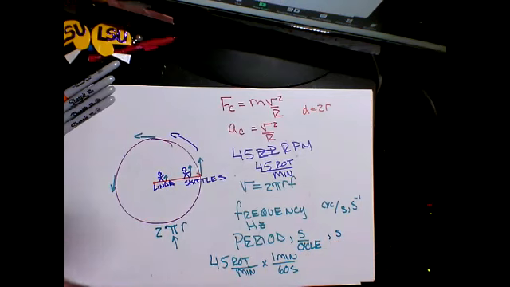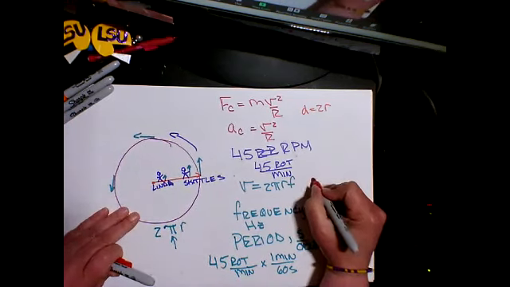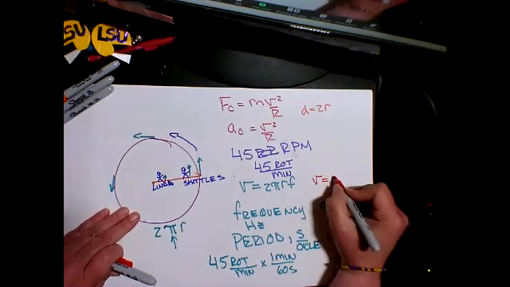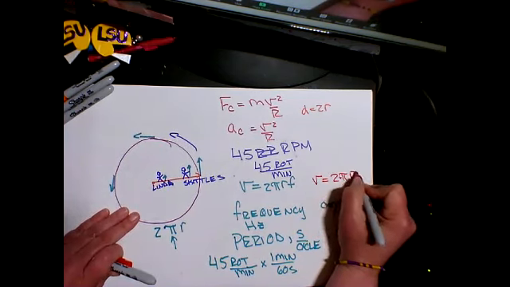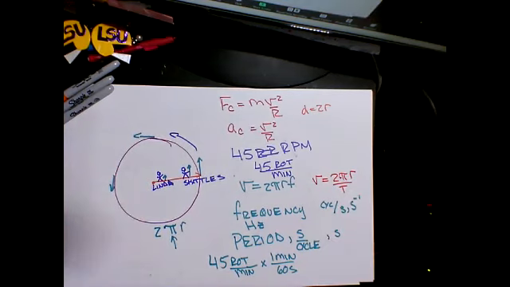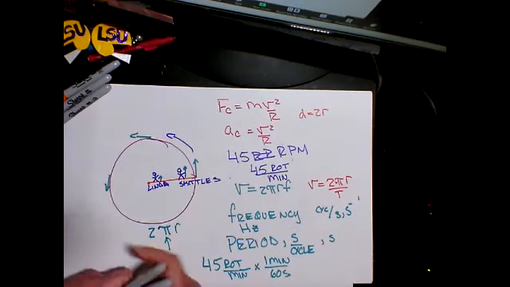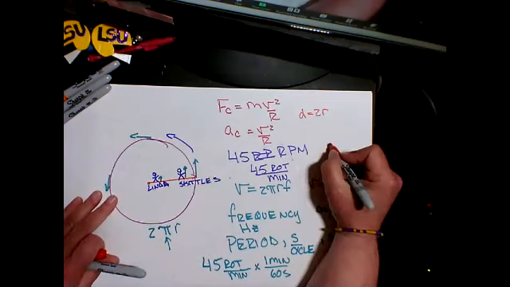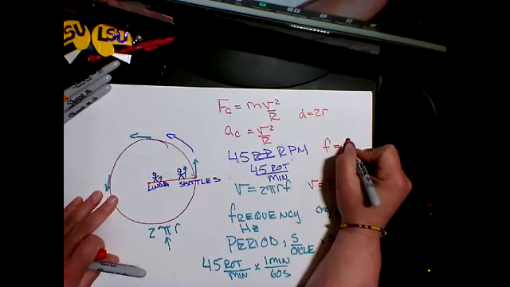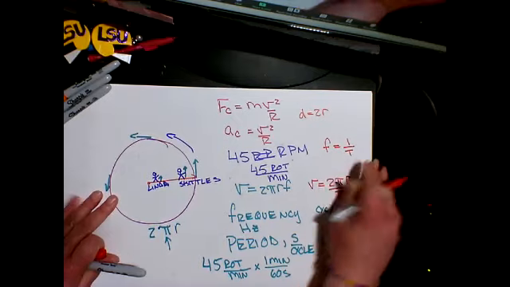So I can rewrite this, if I'm given the period rather than the frequency, as v equals 2 pi r over T. Cool. We also have a relationship here where frequency is inversely proportional to period.